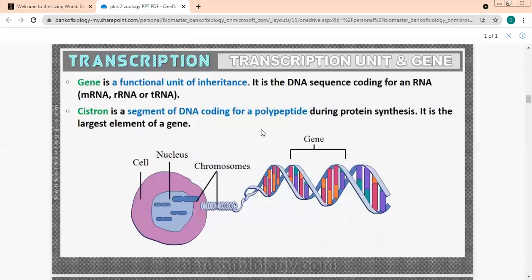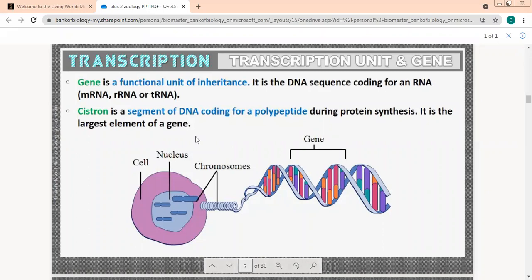So from one amino acid to the second amino acid we have a peptide bond, and from the second to the third we have another peptide bond. So we get a series of peptide bonds. That is why proteins are also known as polypeptides. So what is a cistron now?